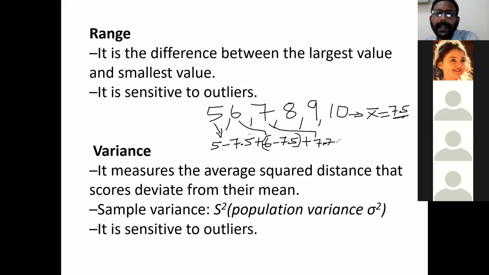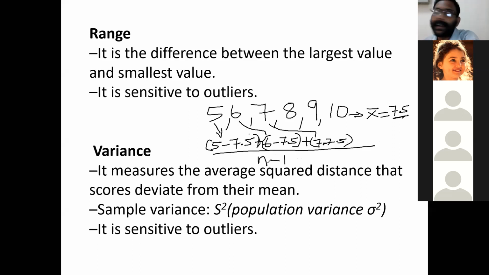So likewise, you add all the deviations. These are deviations, right? Divided by, we will come to that later, n minus 1.